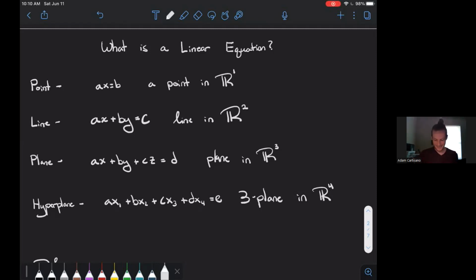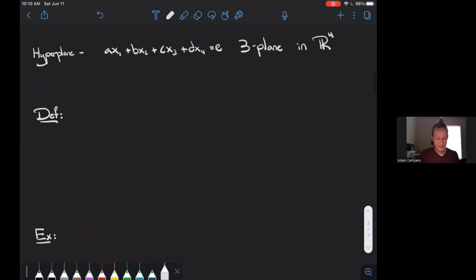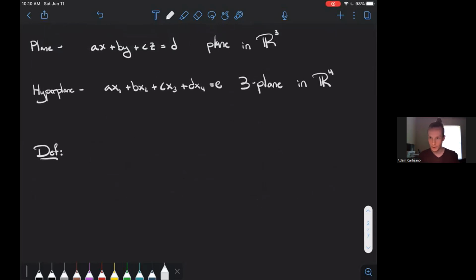Great. Notice that's super easy to generalize, and so we can just write down a definition.